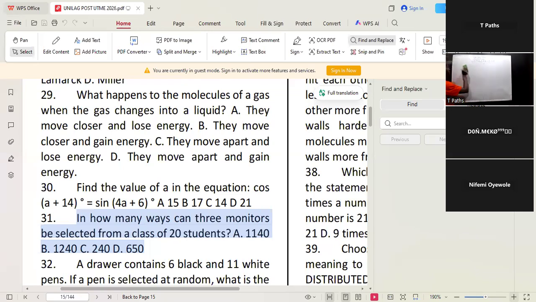So who can help us with this? What's the answer? Who is helping us with it? What's the answer?